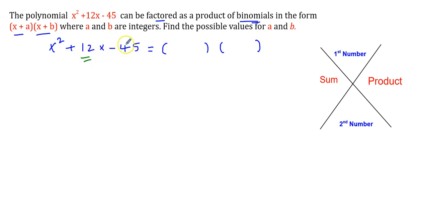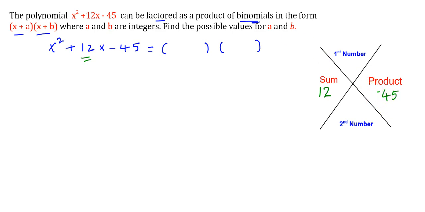The sum of the two numbers is 12, so I'll write 12 here, and the product is negative 45. That is, we are looking for two numbers whose sum is 12 and the product is negative 45.